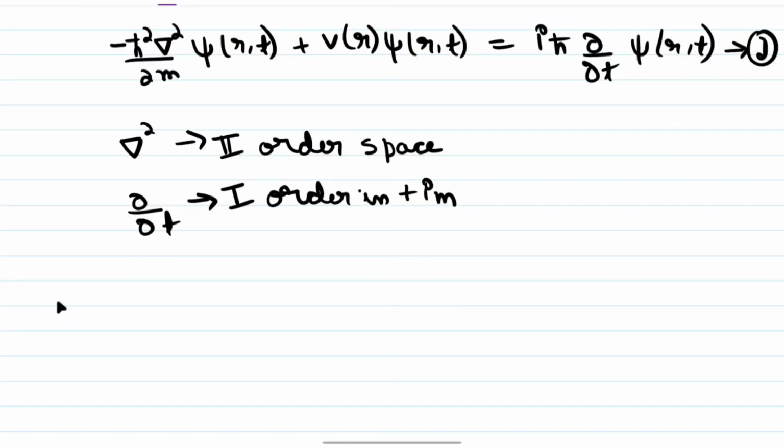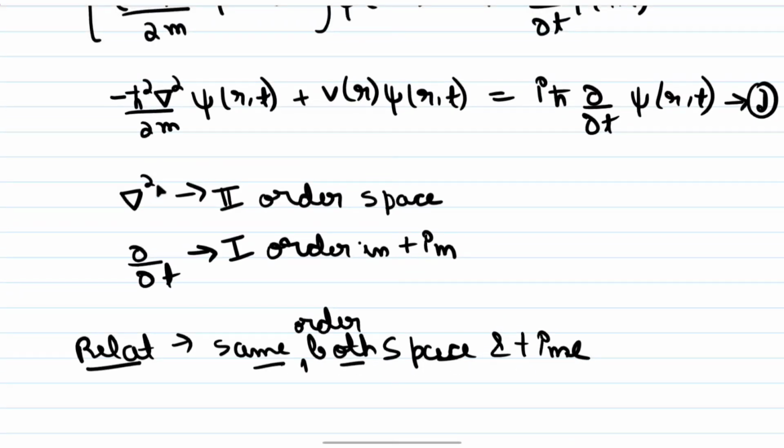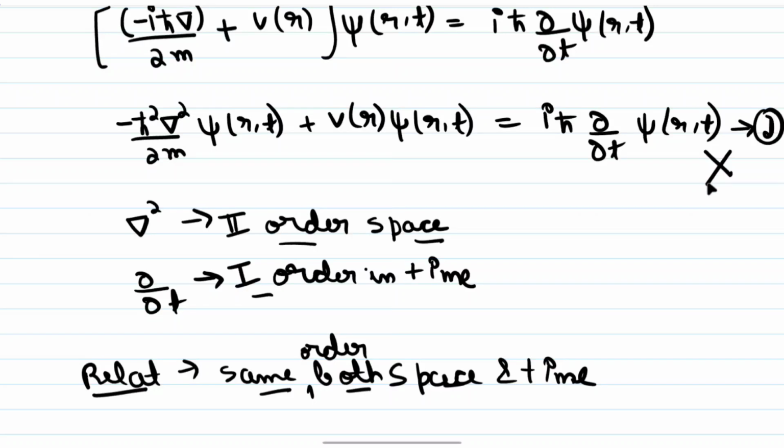In order to call our equation relativistic, that equation should be of the same order in both space and time. But this equation is second order in space and first order in time, so we cannot call equation 2 relativistic.